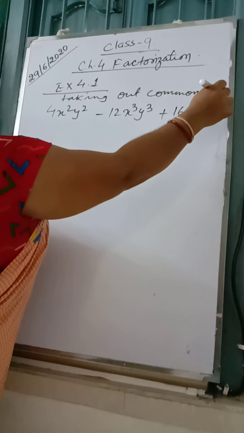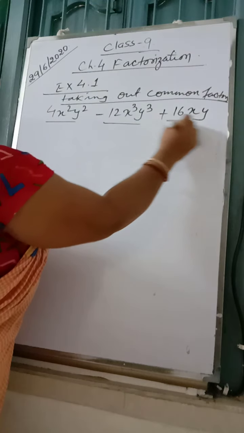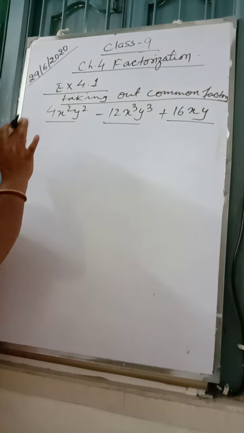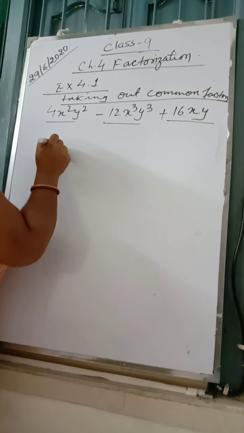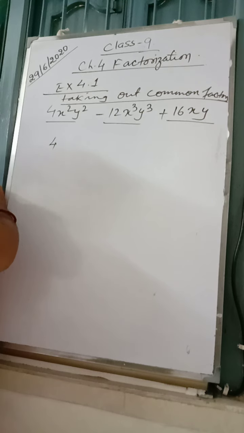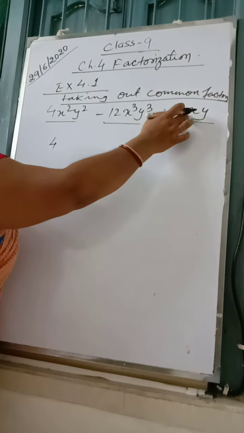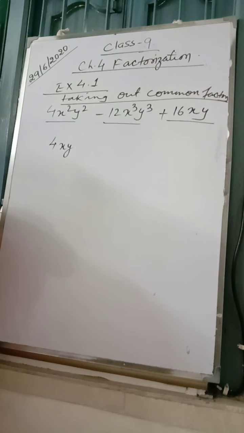In this method, we see all the 3 terms and find out what things are common in these 3 terms. We can see all the numbers are multiples of 4, so 4 is common. Second, we have 2x, 2y, 3x, 3y, 1x, 1y. It means everywhere we have x and y common.